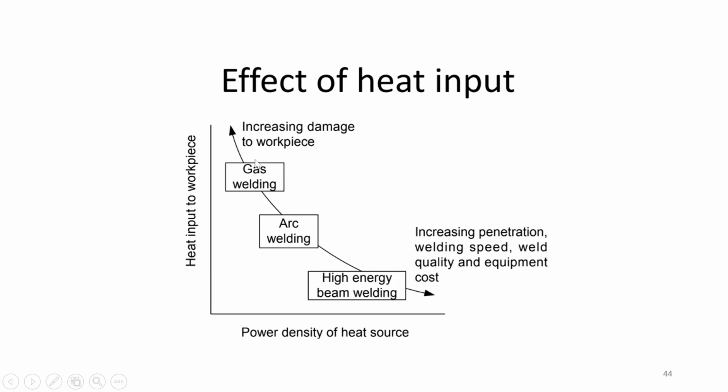Okay, so it will be high in the case of gas welding compared to arc welding, and in the case of high energy beam welding it will have lower heat input, but the power density of the heat source will be higher. Okay, so with increasing penetration, welding speed, weld quality and equipment cost will all be increased.